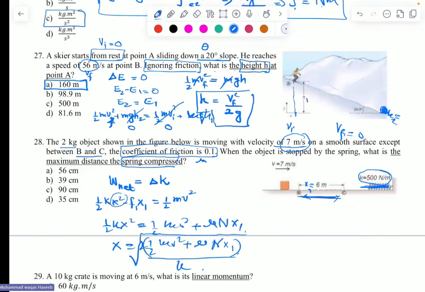When we substitute all the values, because we have m, v, mu, n is the weight of the object, 2 multiplied by 9.8, and x1 is this distance, and k is this constant, we will get 39 centimeters.